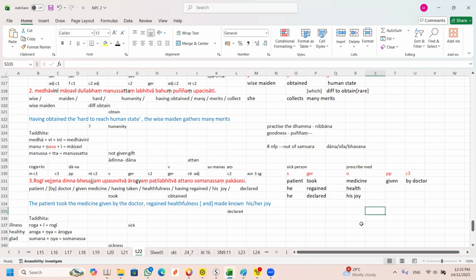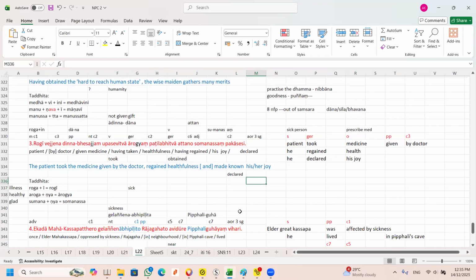So it has to be his, not her. I think it's not her. His joy. So that is how you do your translation. That's it. So that means these two, this is adjective to this. Not adjective.